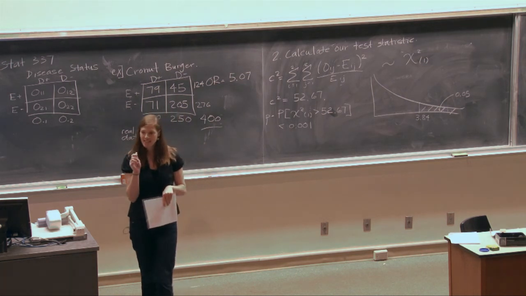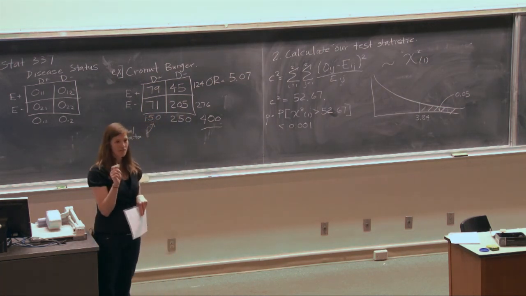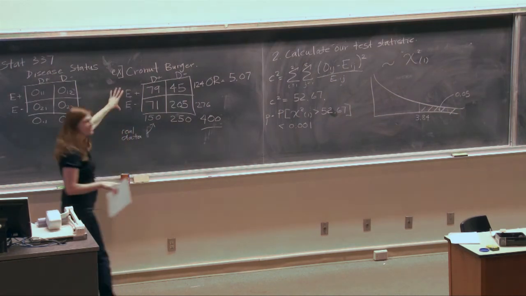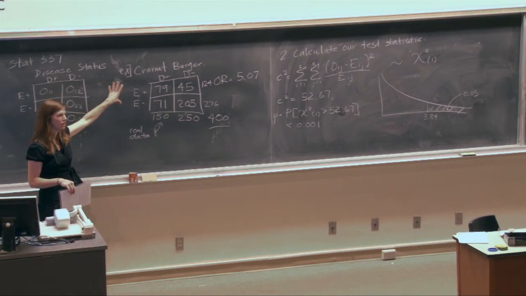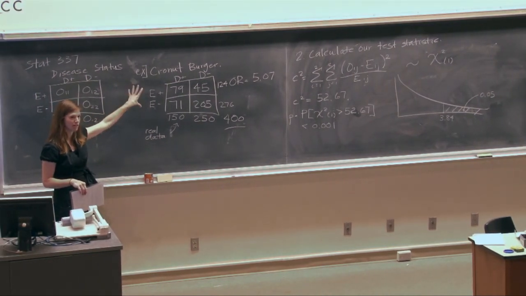So there is less than 0.1% chance that we would have gotten this data if the null hypothesis of no association between the cronut burger and getting sick were true.